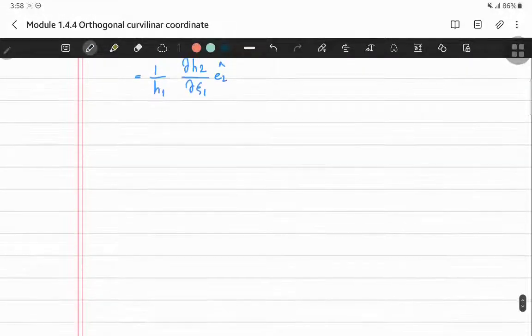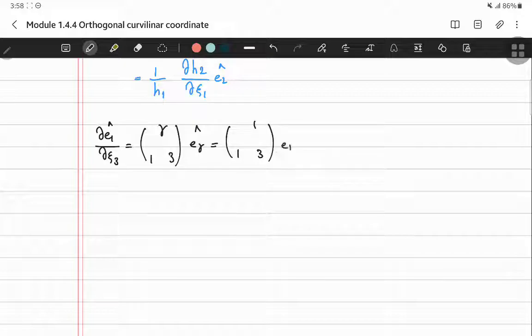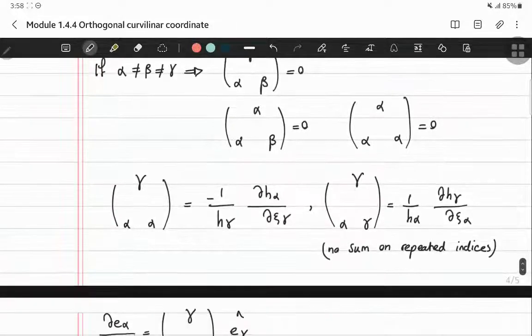Next, we have partial derivative of e1 with respect to z3. So it is gamma 1 3 e gamma. So it is 1 1 3 e1 plus 2 1 3 e2 plus 3 1 3 e3. So 1 1 3 is 0.